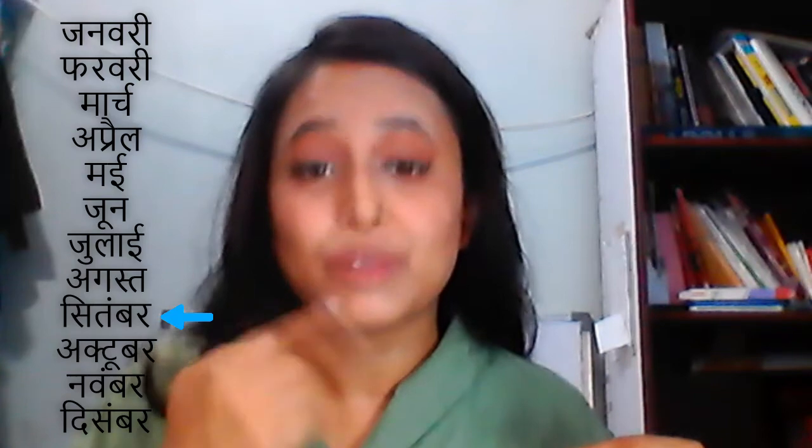It's Sitambar. The flapping sound. Take your tongue up and down. Ber. Sitambar. Close your lips and say b, and then feel the sound here, it vibrates. Sitambar. Then the next one is October.